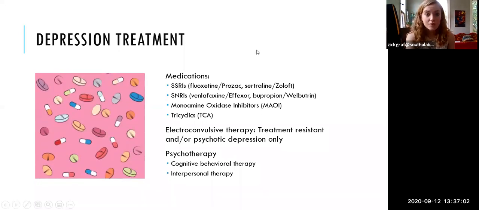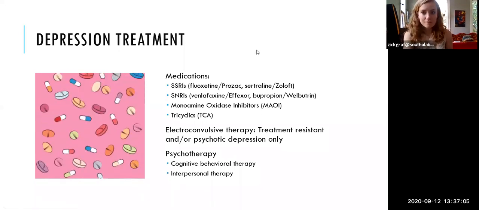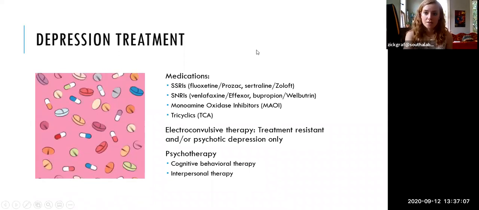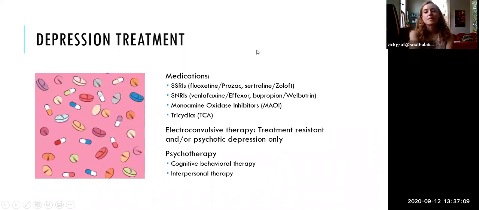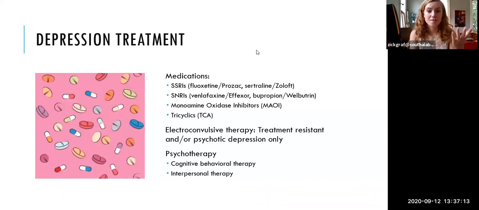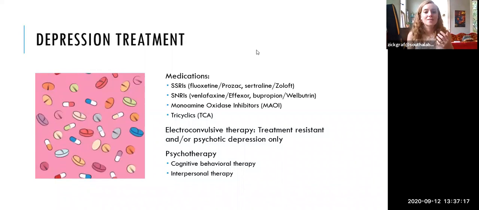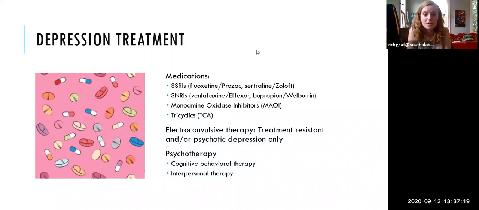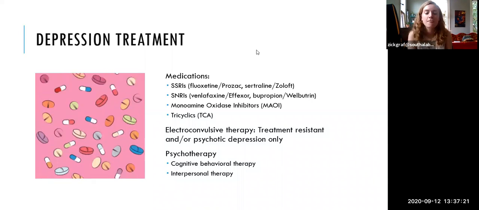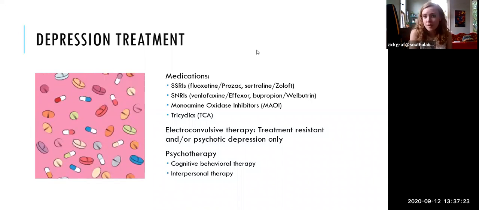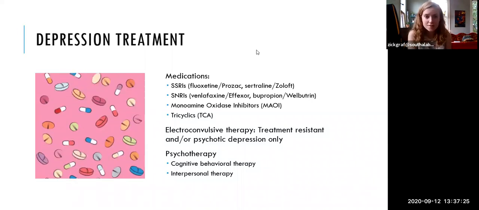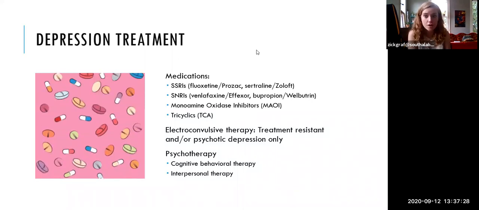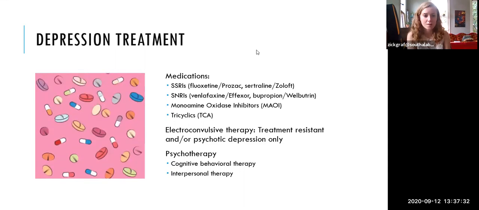Okay, so let's briefly talk about depression treatment. We already talked about the medications that are effective for depression. In order of what's most commonly used today, it would probably be selective serotonin reuptake inhibitors like Prozac and Zoloft, selective norepinephrine and dopamine reuptake inhibitors like Effexor and Wellbutrin, and then less commonly prescribed, because they have some negative side effects and contraindications with other drugs and foods, are monoamine oxidase inhibitors and tricyclic antidepressants.